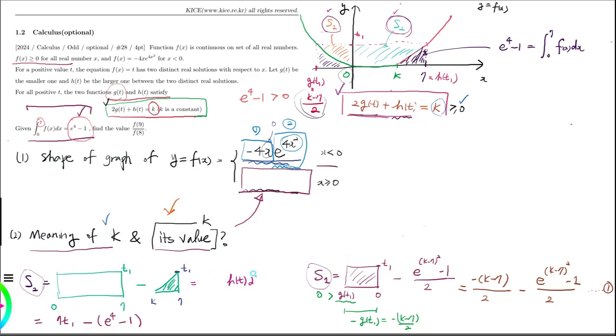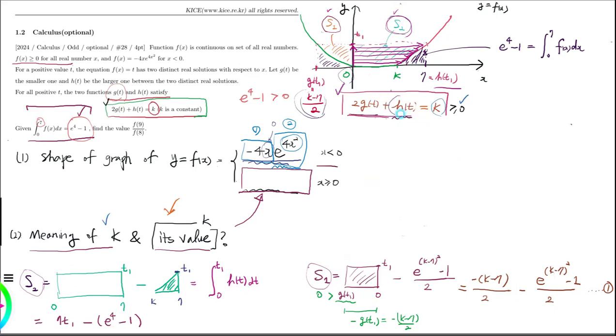It's an integration with respect to t from 0 to t1, right? It's an integration of these x values h of t, and then we move from 0 up to t1 following the y-axis here.